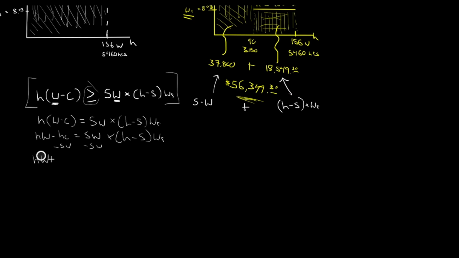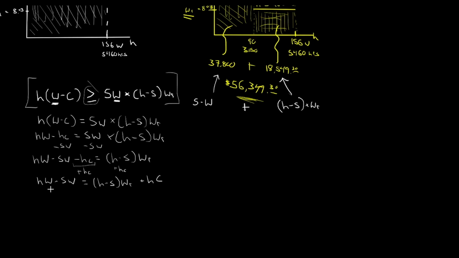So we get HW minus SW minus HC equals (H minus S) times WR. Let's get this HC over to the right-hand side, so we'll add HC to both sides. So we get HW minus SW equals (H minus S) times the reservation wage plus time horizon times our cost of effort.